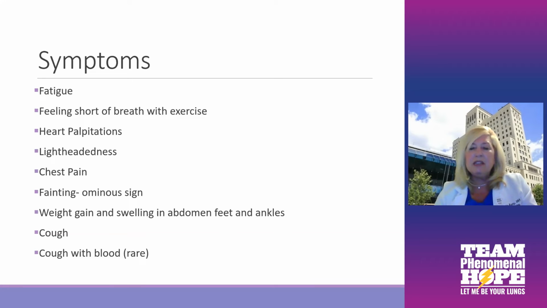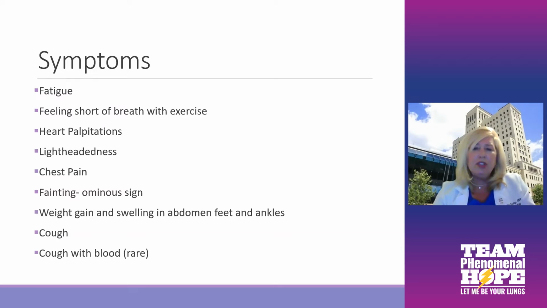Heart palpitations, lightheadedness, chest pain, fainting or syncope. And that's a very ominous sign, because that really means that the right heart is pretty decompensated, not really getting enough blood flow at that point when someone actually has a fainting episode or syncope. Weight gain, it's a disease of the right heart.